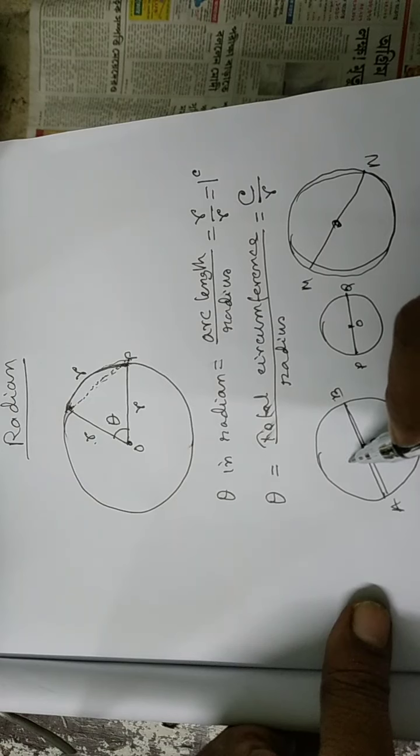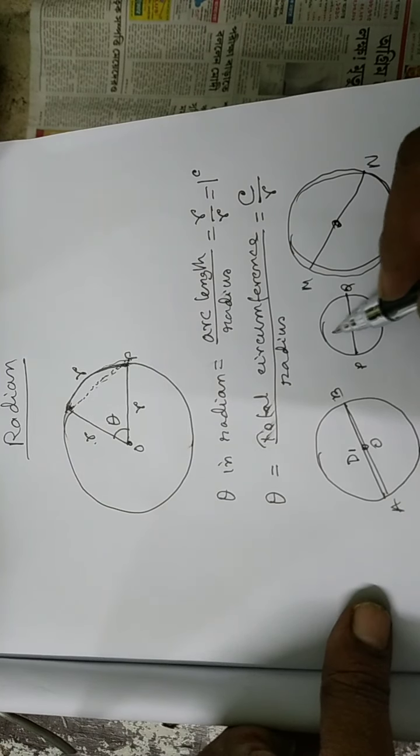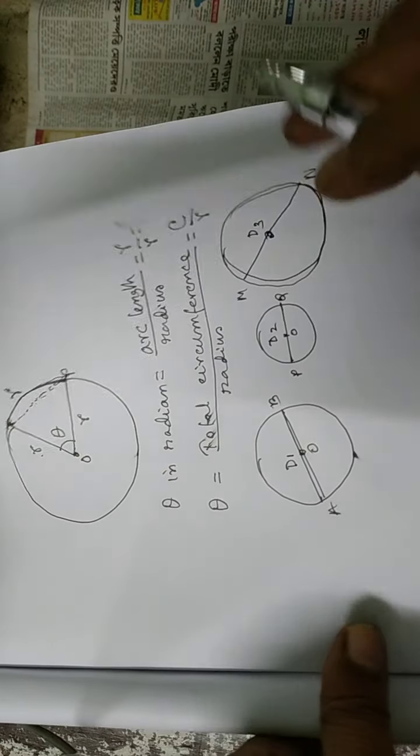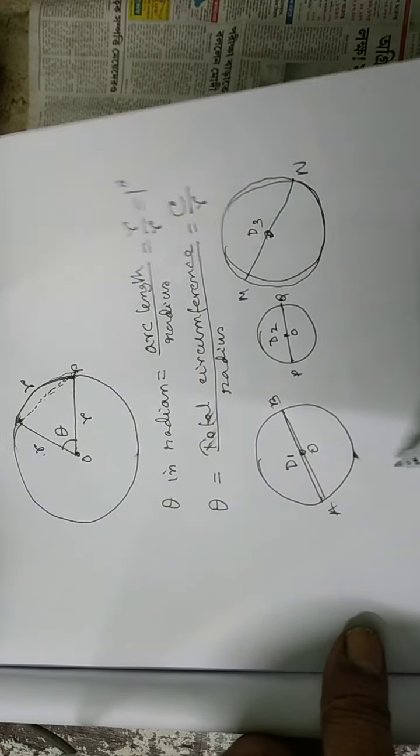So suppose this is D1, D2, D3, the diameter lengths are different, and also the circumference lengths are different.